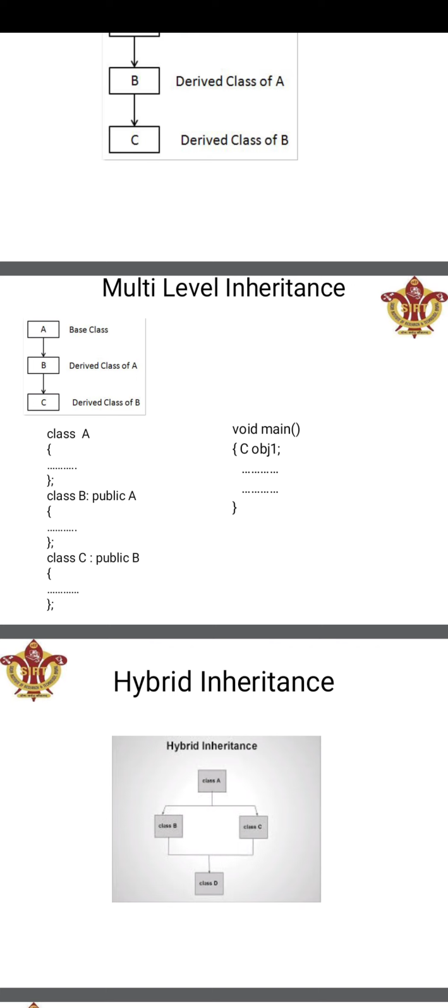After that, we will simply define an object of type class C, which is the derived class, and then we can access all the functions inherited from A and B in the public section of class C. It simply means that in main we can access only those functions and variables which are present in the public section of class C using the object of class C.